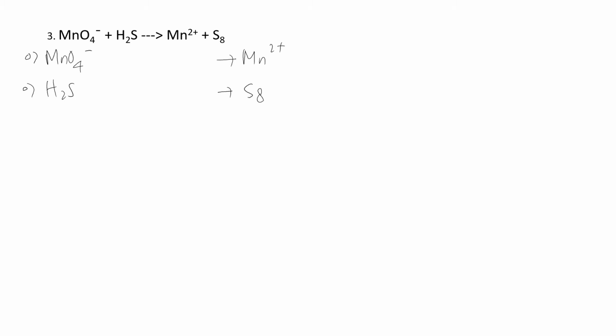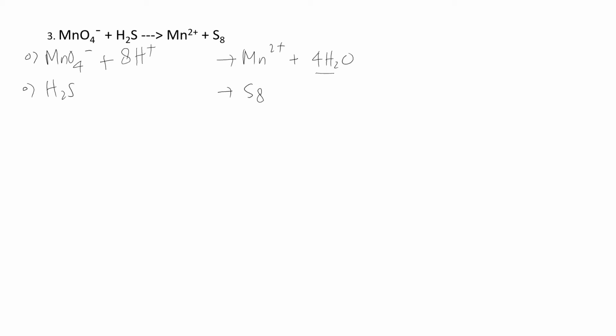We do the first one, MnO4 minus. Here you have 4 oxygen. Then we need to add 4 H2O on the opposite side. Then here we have 8 hydrogen, so we need to add here 8 H plus. After that, we balance the charge.